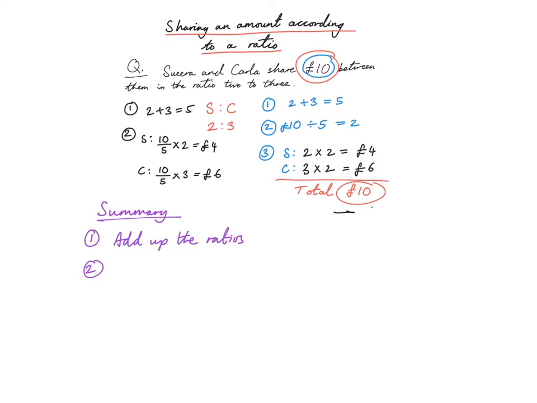Step 2, we divide the total amount by the sum of the ratios that we calculated in step 1.